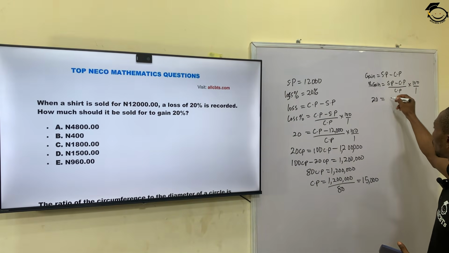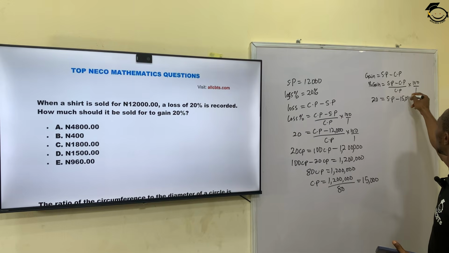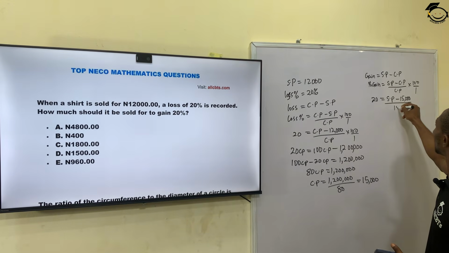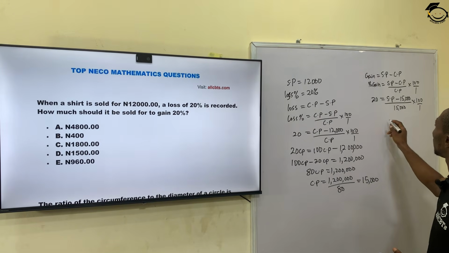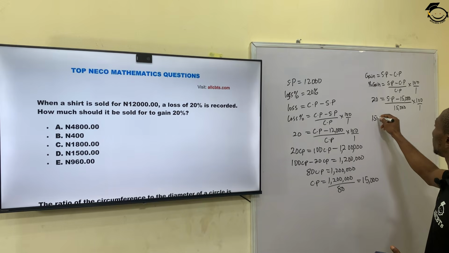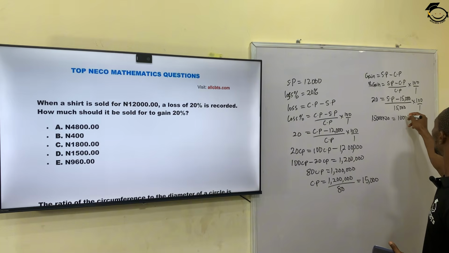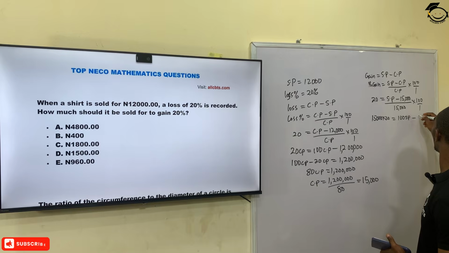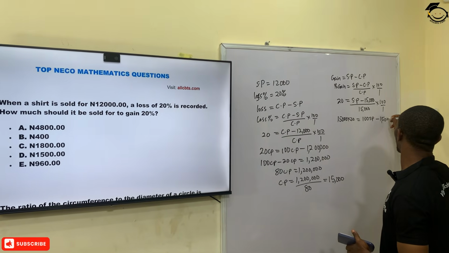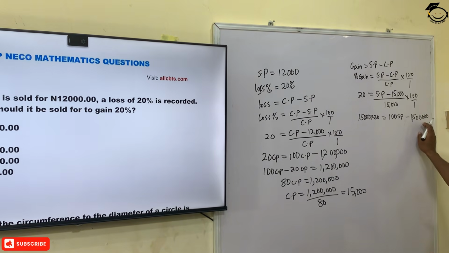Selling price is what we are looking for. Our cost price at this moment is 150,000 all over 150,000 times 100 over 1. So this becomes 150,000 times 20 equals 100 SP minus 150,000 times 100, which is 15 million.